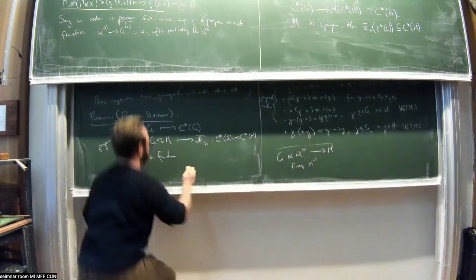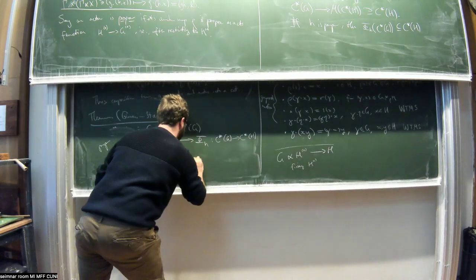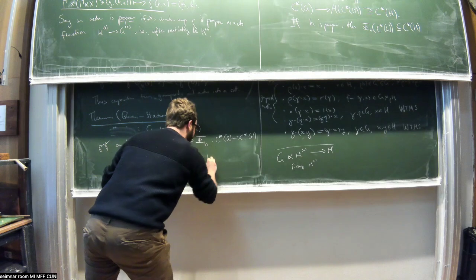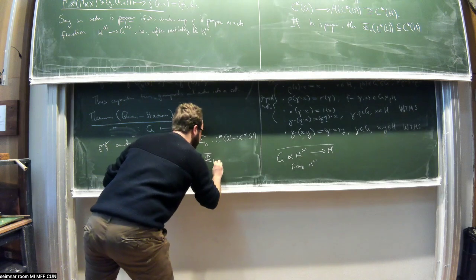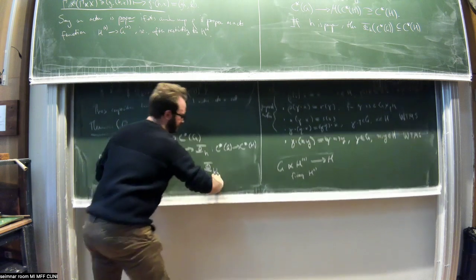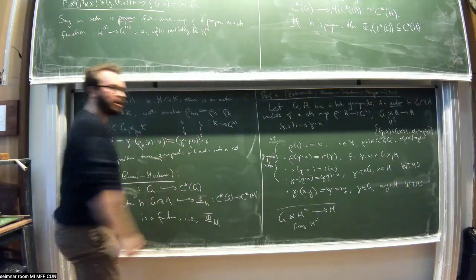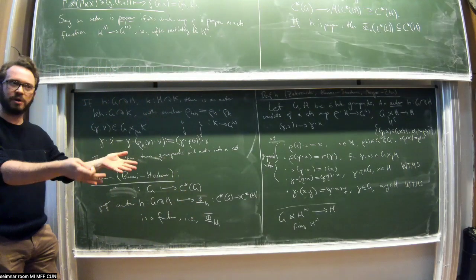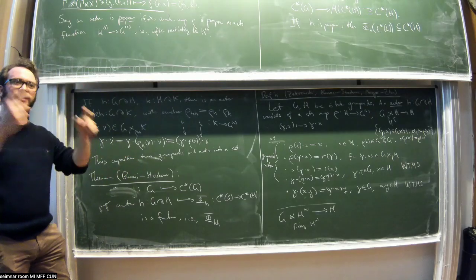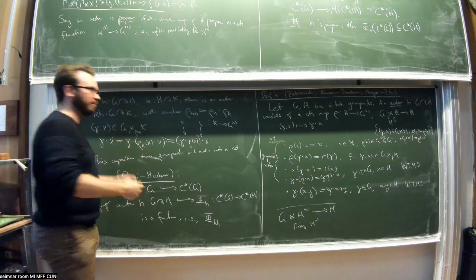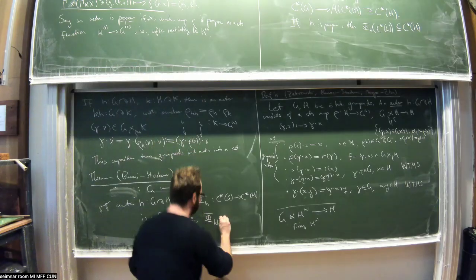That is, if I have a composition of actors, K and H, like here, and I look at the star homomorphism associated to the composition, this is exactly the composition of the individual star homomorphisms you get from the actors K and H.